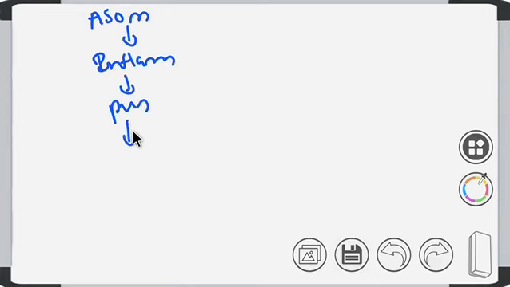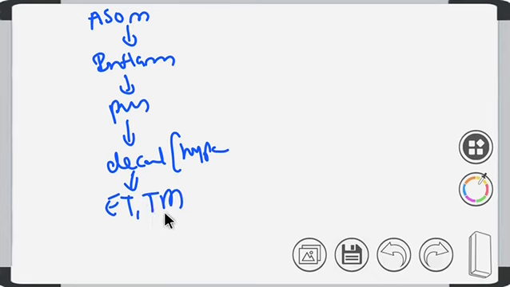So let's revise it once again. Initially there will be ASOM. It results in inflammation of mastoid cells, and that results in pus formation. Pus causes decalcification, called hyperemic decalcification, and pus comes out through the eustachian tube or tympanic membrane.